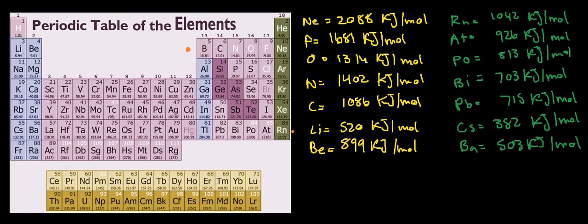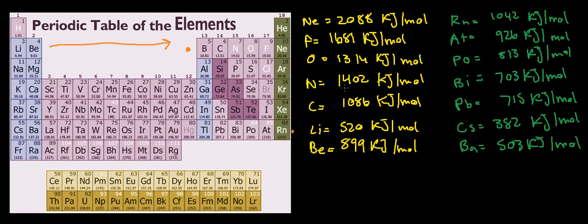So if I look for a trend, I notice that they seem to decrease as I go from right to left, or if I look at it from an increasing perspective, the ionization energy increases from left to right. Lithium is its lowest, and then I increase generally from left to right. There is a notable exception here with nitrogen, but generally it's increasing.